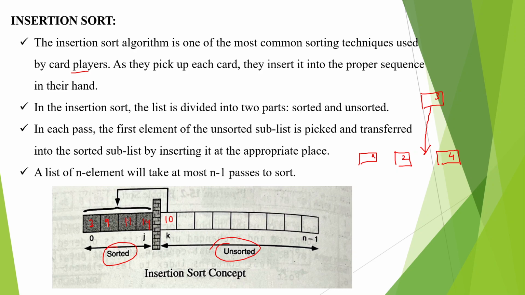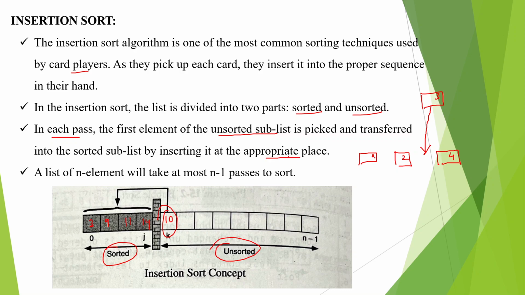Likewise, we perform. So in insertion sort, the list is divided into 2 parts as with the previous 2 approaches. One list we call the sorted list, and the other list we call the unsorted list. In each sort pass, we pick the first element of the unsorted sublist and transfer it into the sorted sublist by inserting it at an appropriate place.